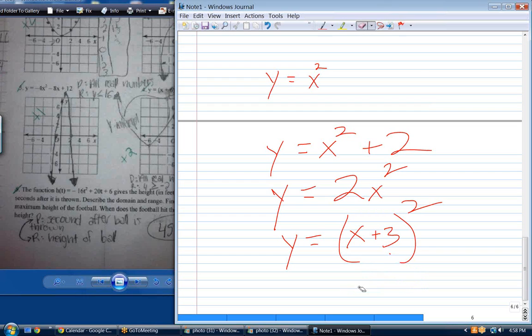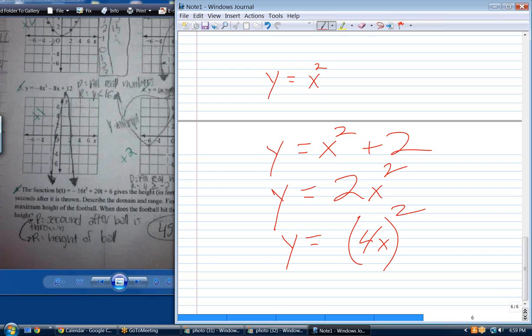Okay, and then the last thing, it's the effects of that 4. There's only one thing left. We covered vertical shift, we covered vertical stretch, we covered horizontal shift.